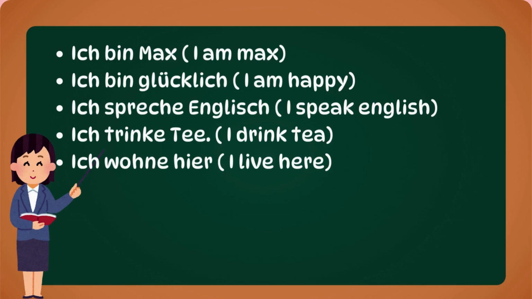Ich spreche Englisch, which means I speak English. Example number 4. Ich trinke Tee, which means I drink tea. Example number 5. Ich wohne hier, which means I live here.